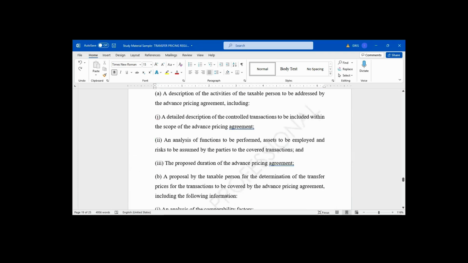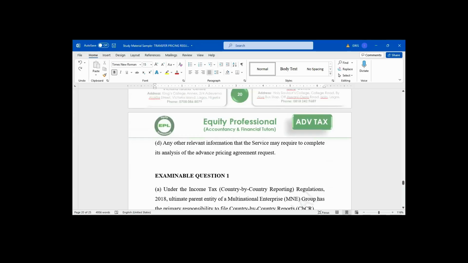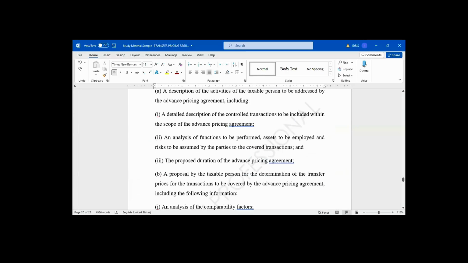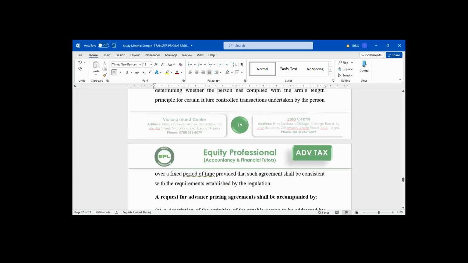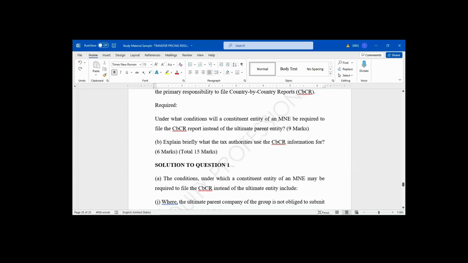So these are the dispute resolution mechanisms under transfer pricing. So this is what we have so far on transfer pricing regulation.